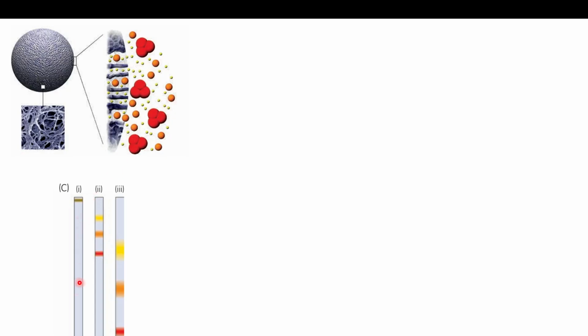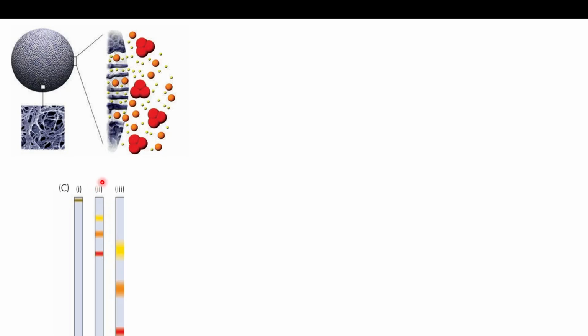Now, these are the subsequent steps of SEC after they load the sample. So your complete mixture is here. This gray colored strip is the SEC resin matrix, and this complete mixture is loaded. Okay, this has all three types of molecules.